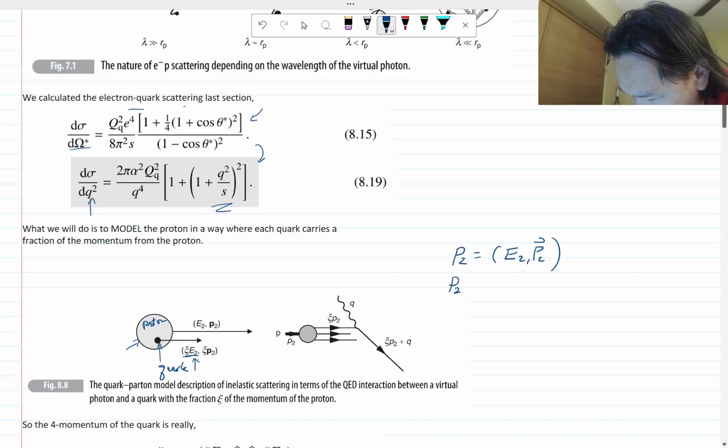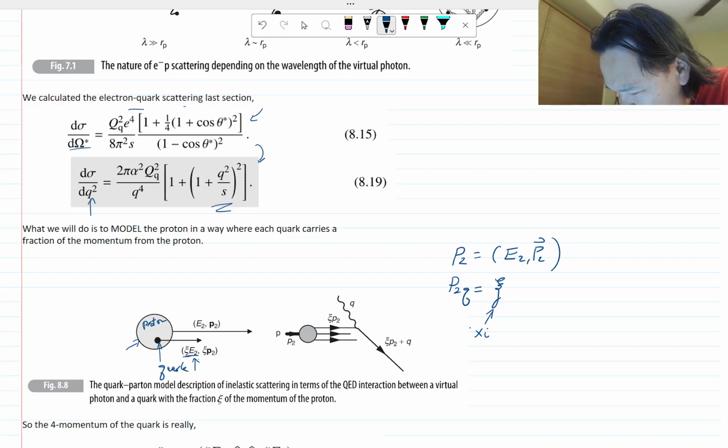The momentum carried by this one particular quark, we're going to quantify as just some fraction of that, and we're going to write this weird letter called XC. It's spelled like this, and usually I just squiggle a bunch of stuff and it looks like that. Since this is just a number, the 4-vector for the quark will turn out to be XC E2, comma, XC P2.